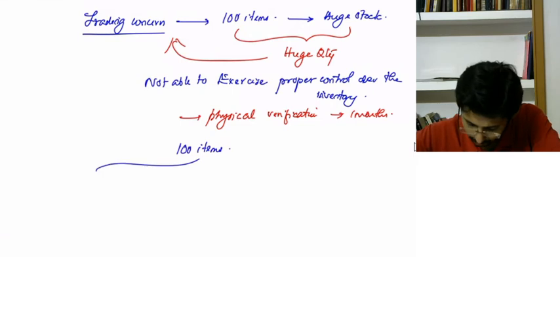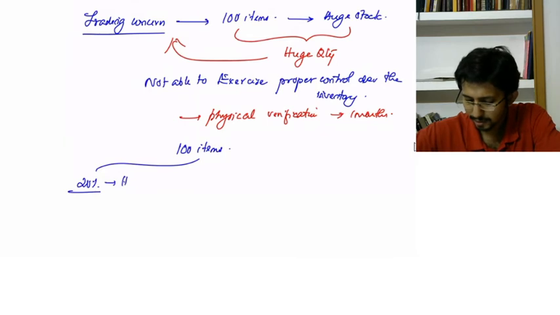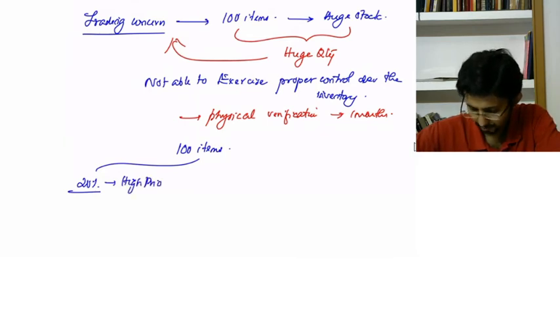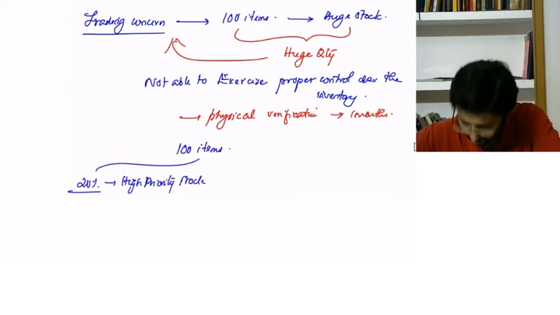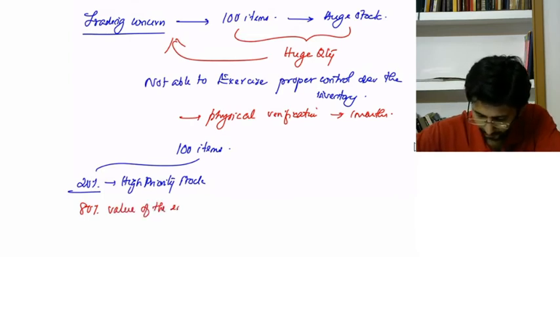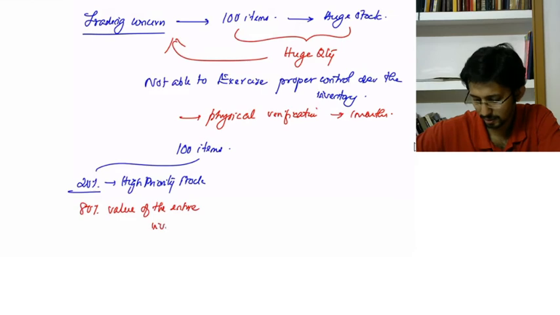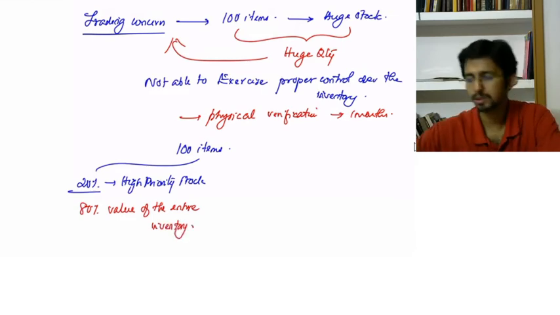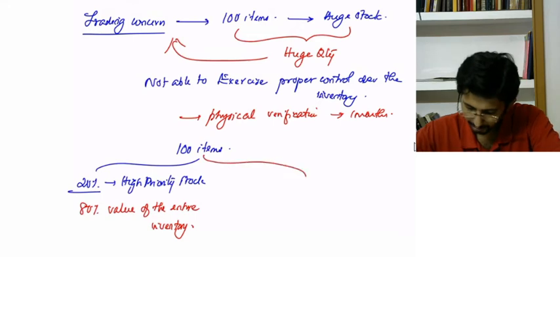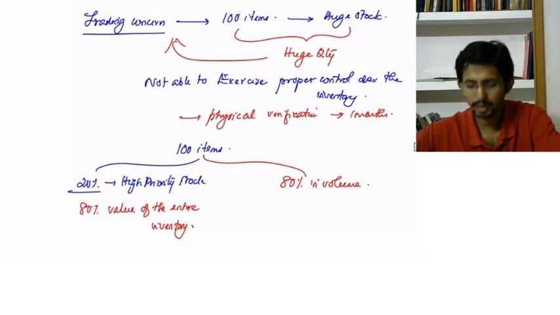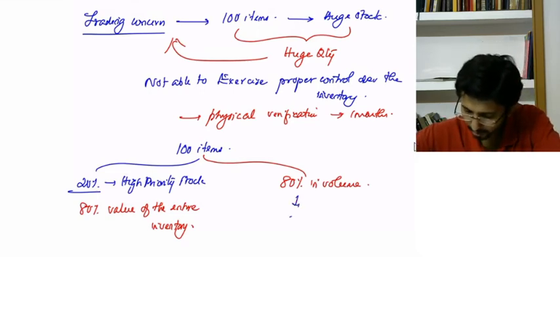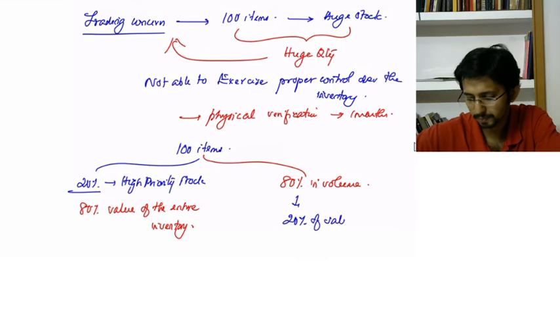Out of these 100 items, 20 items could be marked as high priority stock. Why high priority? Because 80% of the value of the entire inventory will be in this 20% of high priority stock. Similarly, you have 80% in volume numbers, but this will constitute only 20% of value.